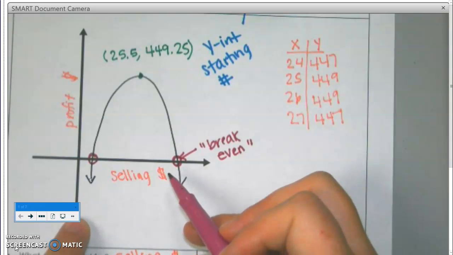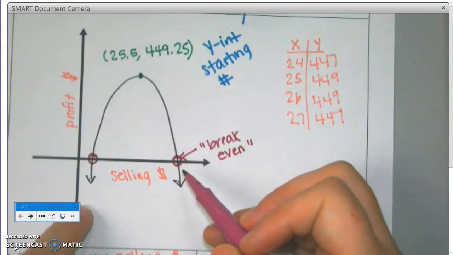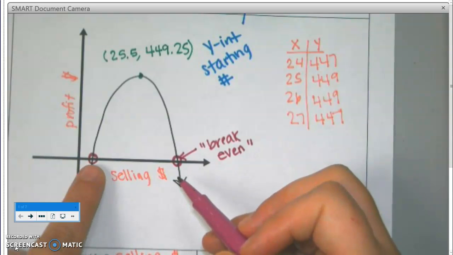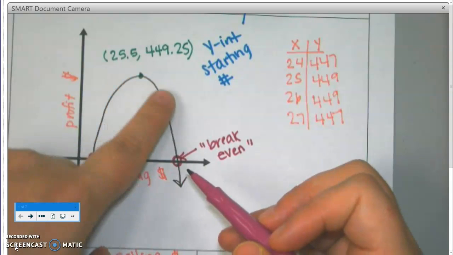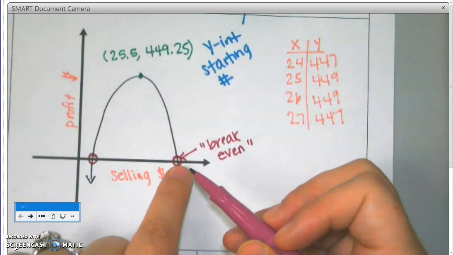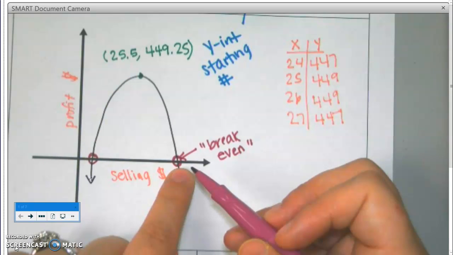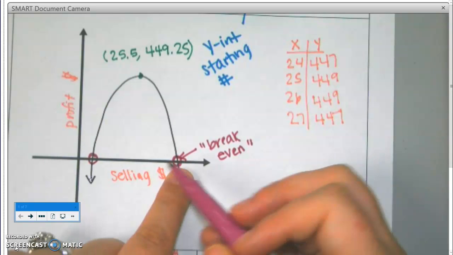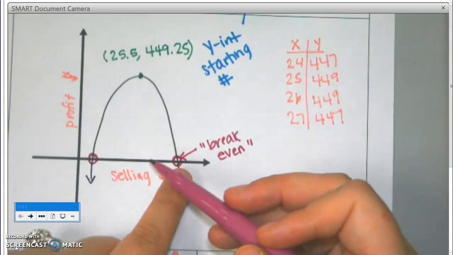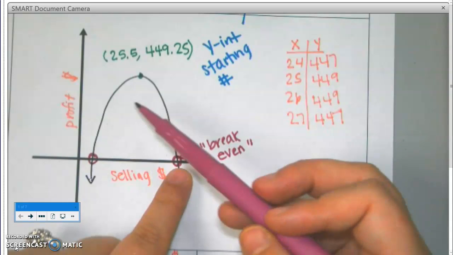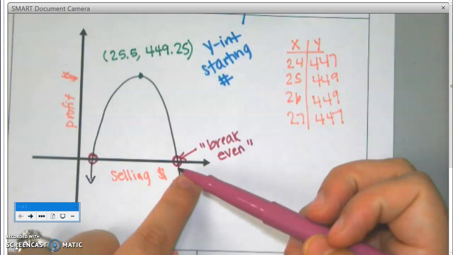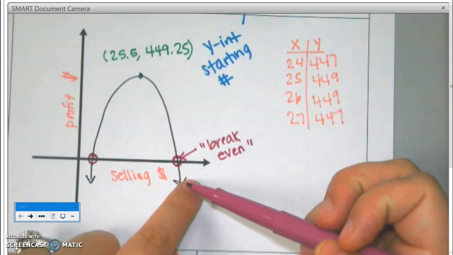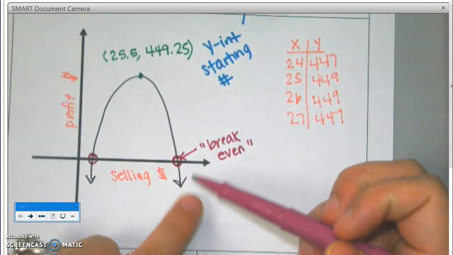Remember, they started off with negative $201. So there's a break even point here where they're going to reach zero, and then their maximum, and then they're going to come back and they're going to break even again over here. And that should make sense with supply and demand. You know, when things are too expensive, people stop buying them. So if the selling price is too high, eventually they're going to lose money because no one's going to be buying it.